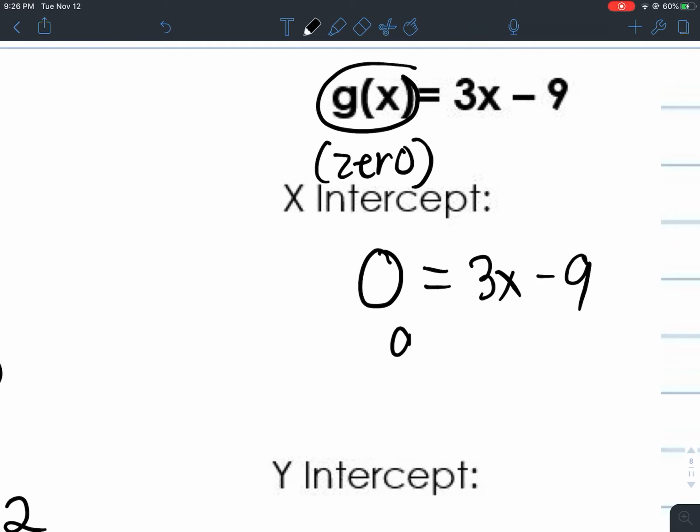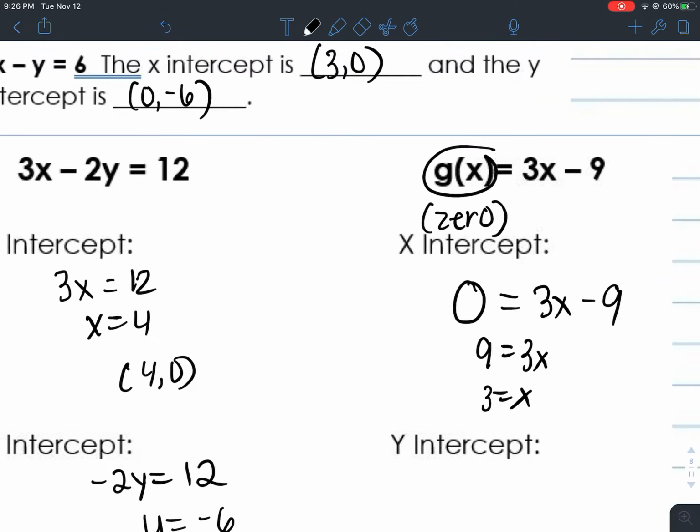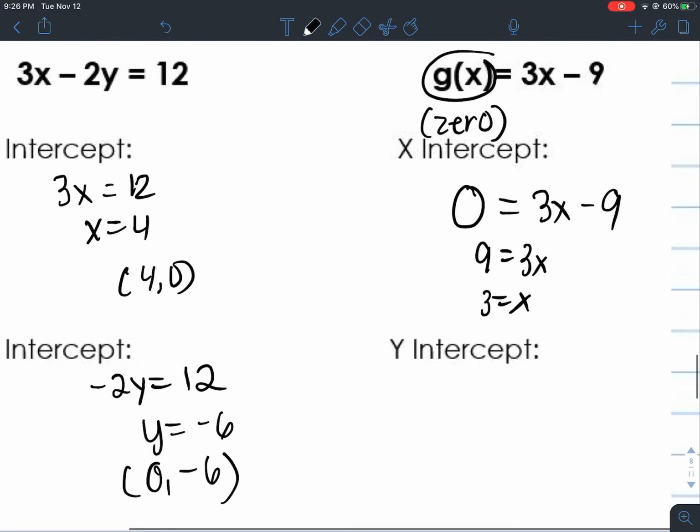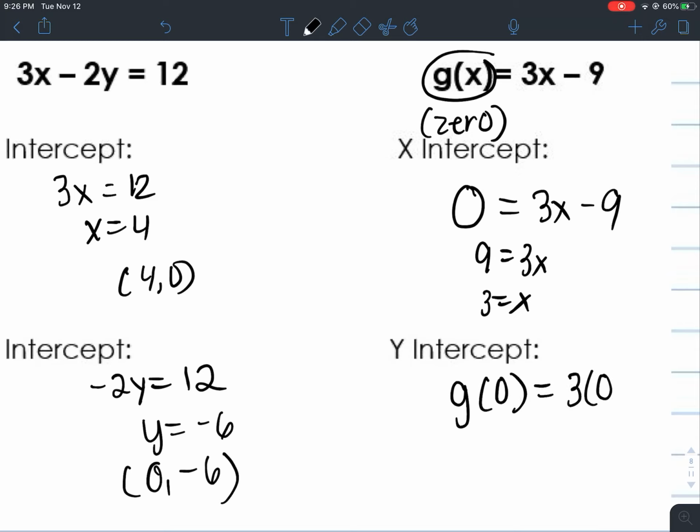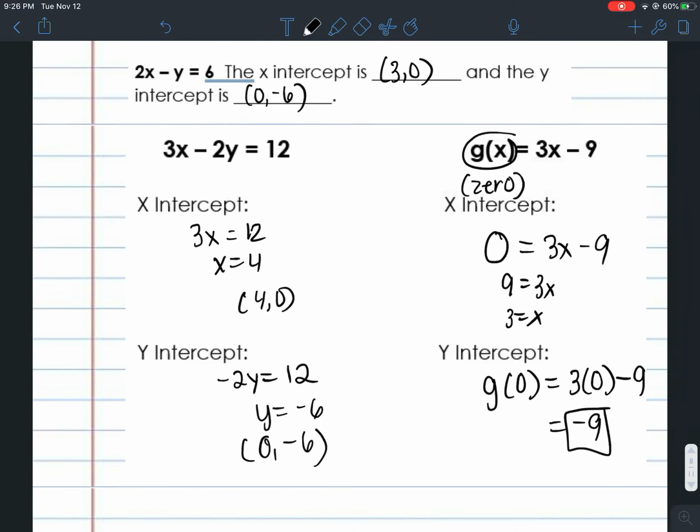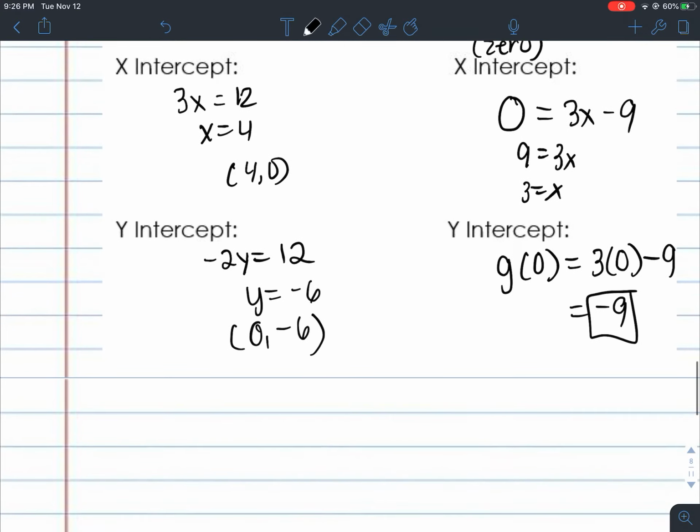Then we'll add 9 to both sides and divide by 3, and you get 3 as your final answer for that one. For your y-intercept, you're really finding g of 0, which would be 3 times 0 minus 9, which would be negative 9. So that would be where it crosses the y-axis.